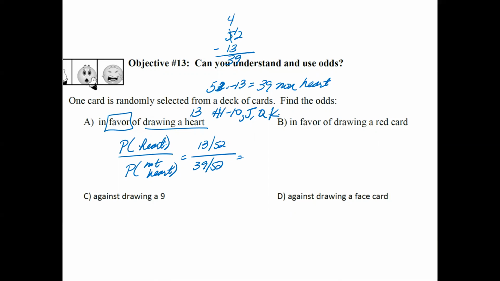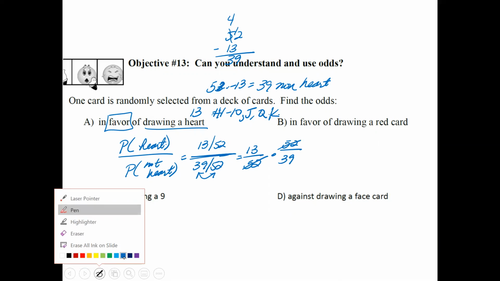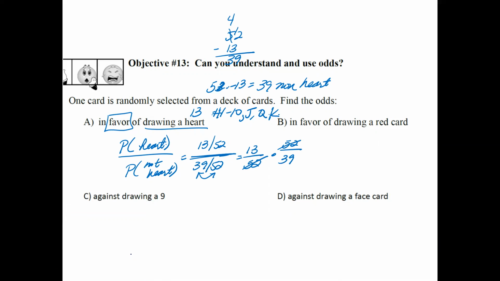Now, yesterday in class, I asked you guys to go ahead and rewrite this. So it's 13 over 52. Change from a divide to a times, which means you have to flip that. 52 cancels. And you have 13 times 1 over 39, excuse me. So 13 over 39 is your answer. Now you could put that into a decimal and then convert that into a percentage.